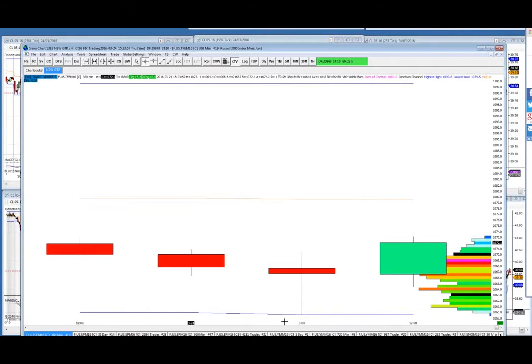Therefore, people who try and use the tape or the footprint, they struggle. I was one of the first ones who actually dissected the tape or the footprint, and I realized the numbers do mean something, and I created the price magnet stemming from that.